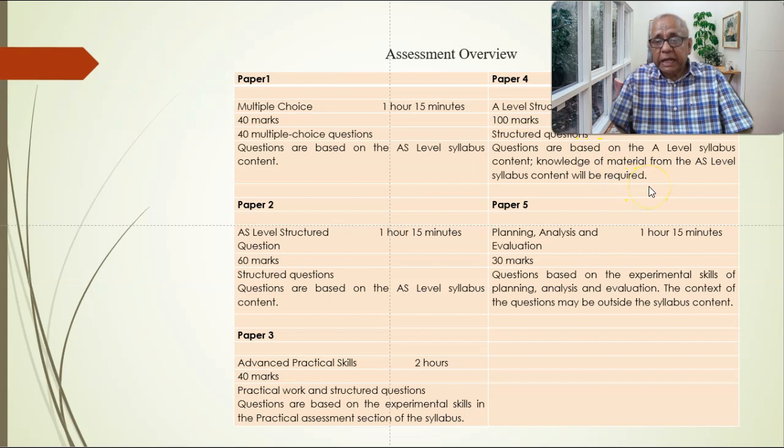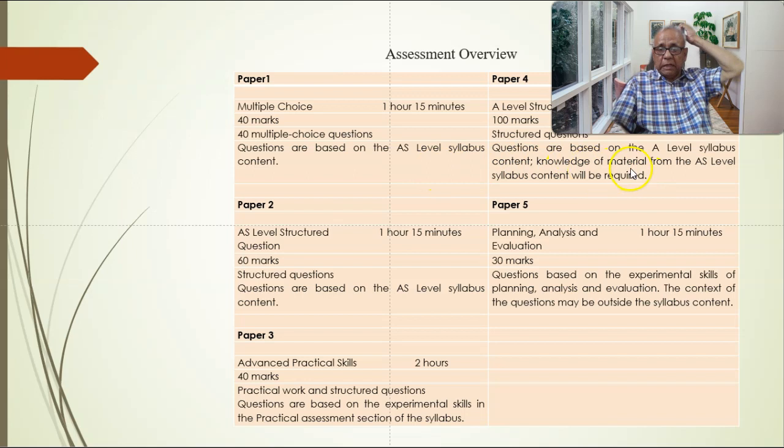Questions are based on the A-level syllabus, but knowledge of materials from the AS level is also required. Paper 5, planning, analyzing and evaluating practical skills, and time is 1 hour 15 minutes and only 30 marks. That is how the assessment overview goes for A-level chemistry.